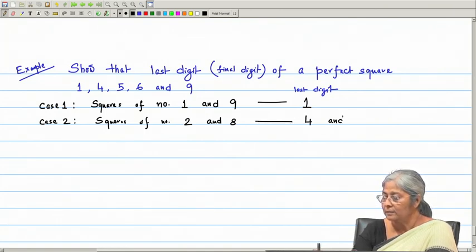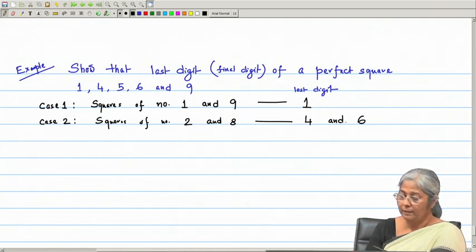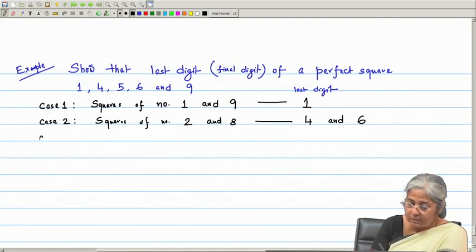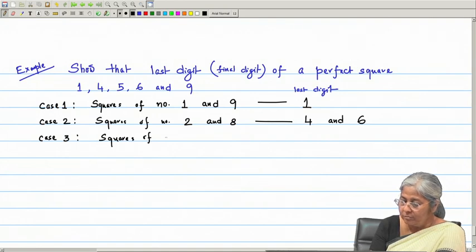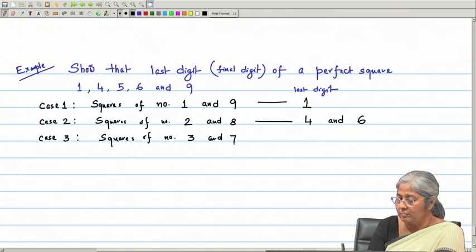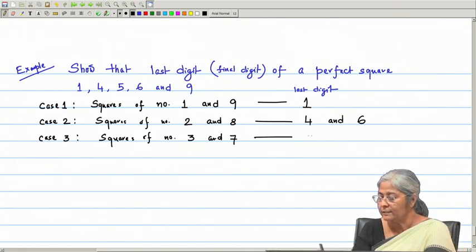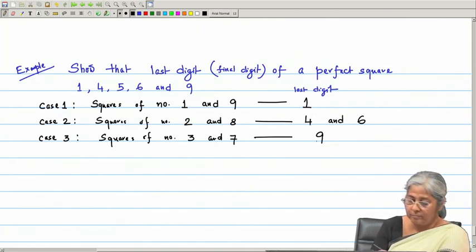Case 3, squares of numbers 3 and 7, in both cases it is only 9.